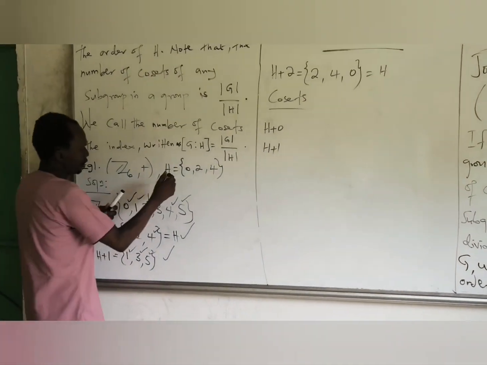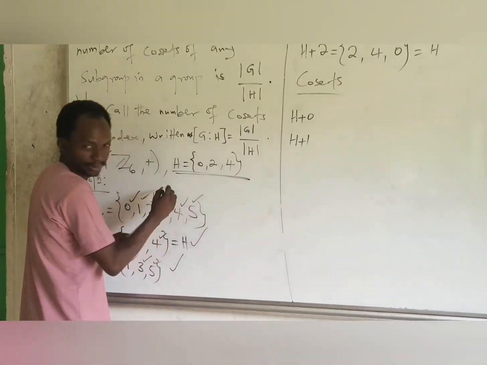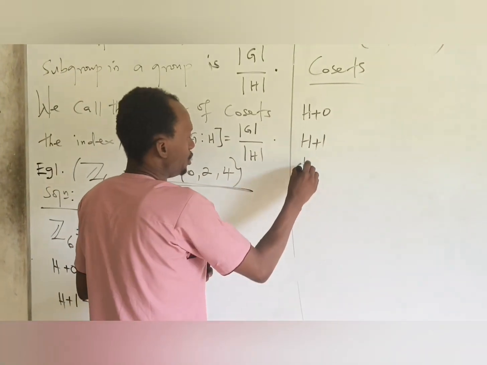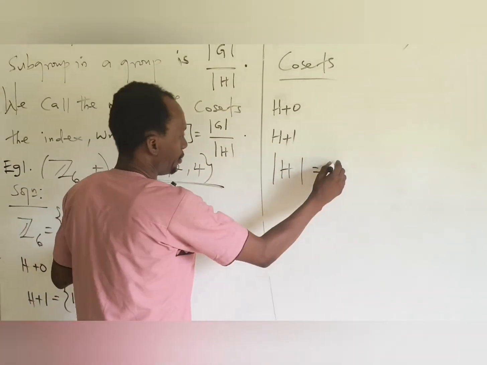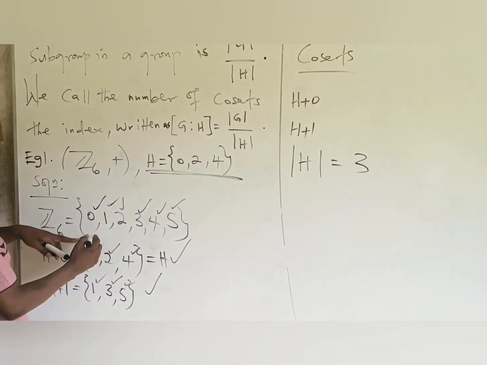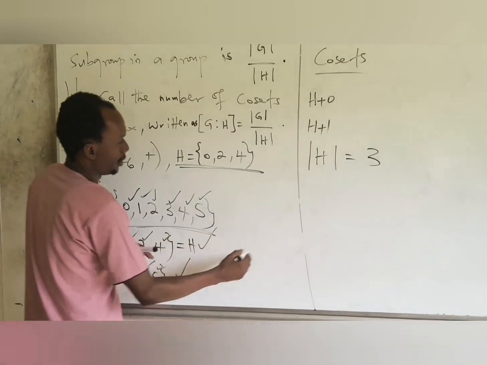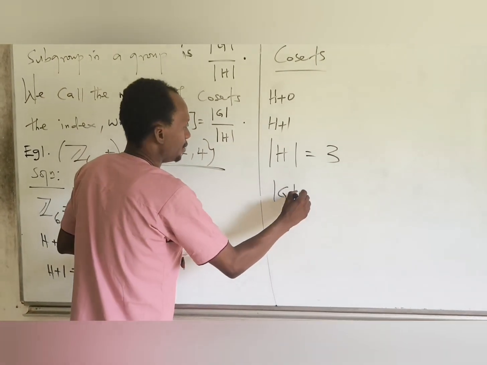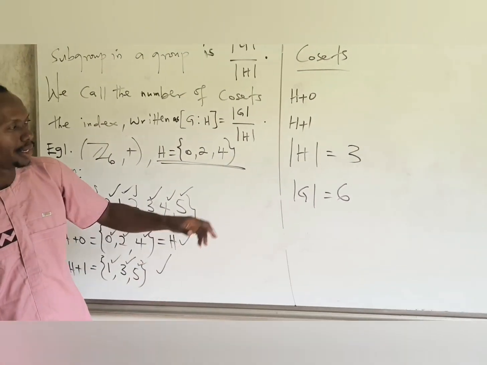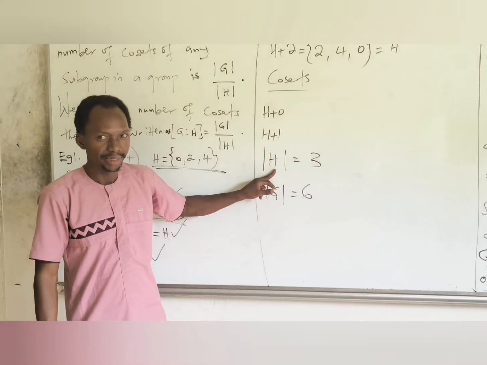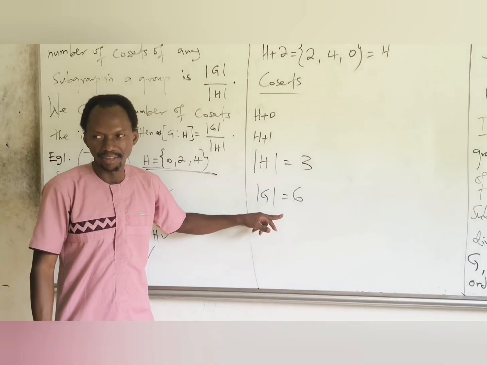So let's count. What is the order of H in our question? How many elements do we have in H? 3. How many elements do we have in G? 6. So the order of the subgroup divides the order of the main group.